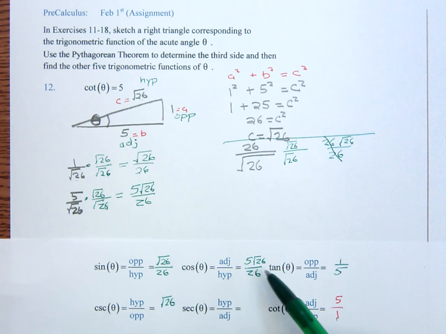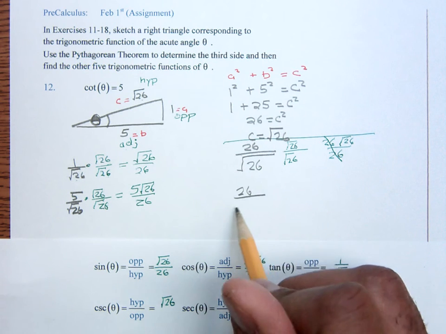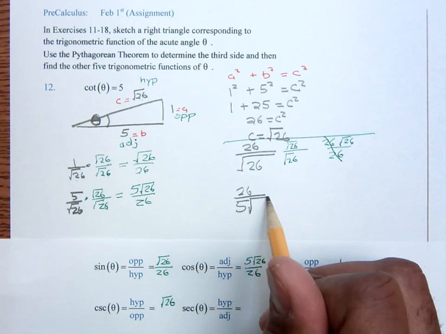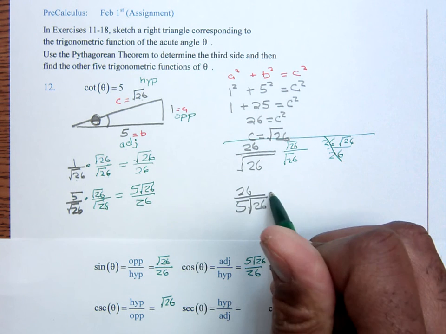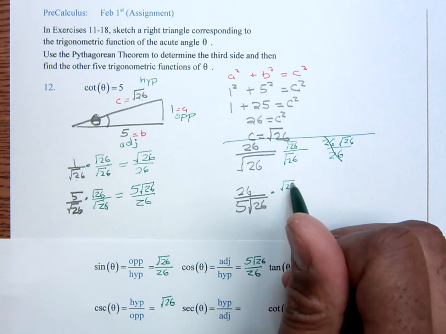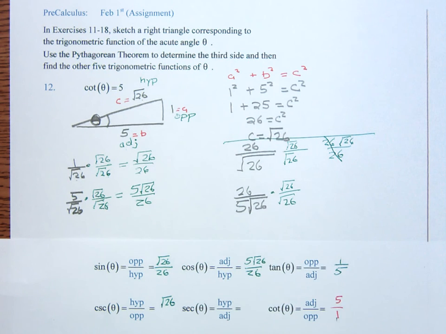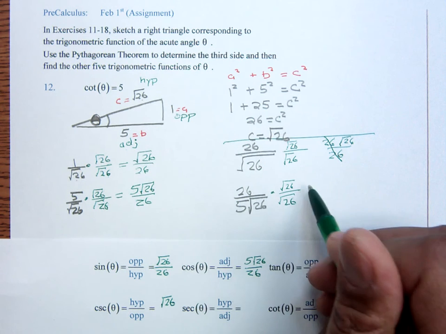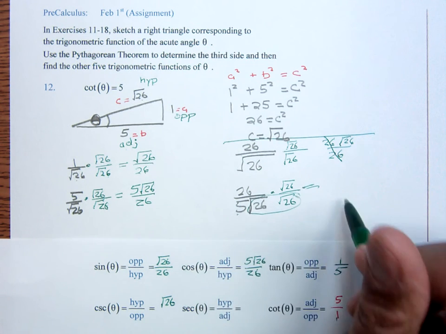Let's go ahead and do the same thing here. If we reverse these, instead of adjacent over hypotenuse, we'll have the hypotenuse over the adjacent. We're going to get 26 over 5 times root 26. To rationalize that, we'll multiply it by root 26 over root 26. And the denominator will be 5 times, remember this, when we multiply this we'll get 26.